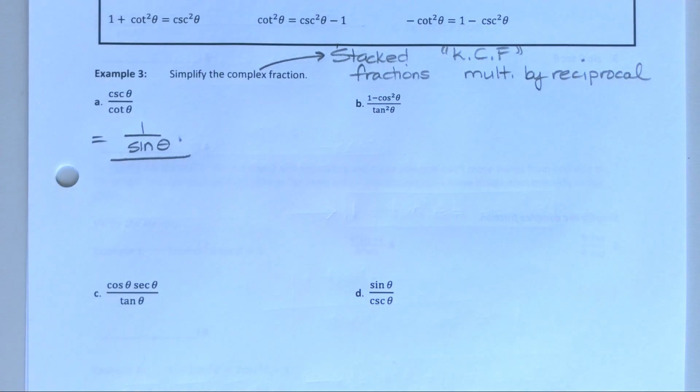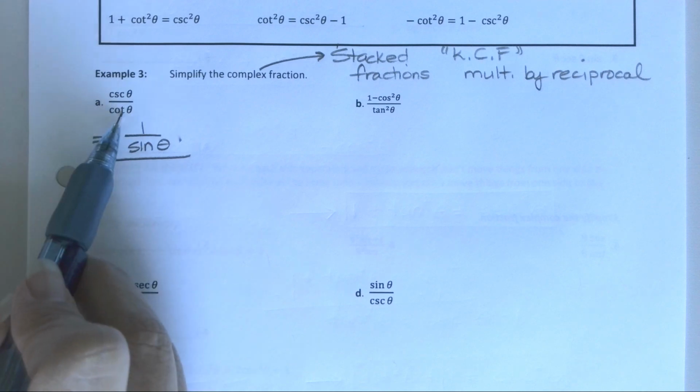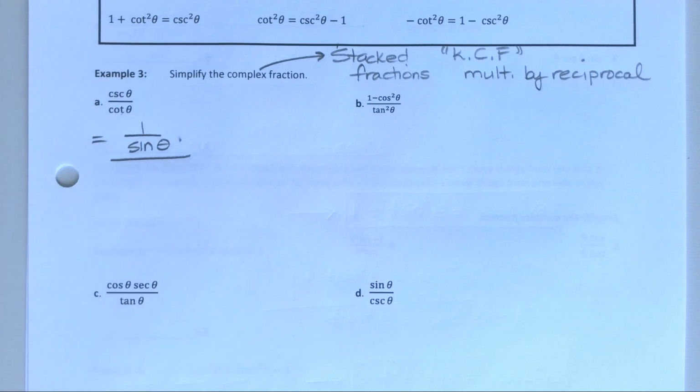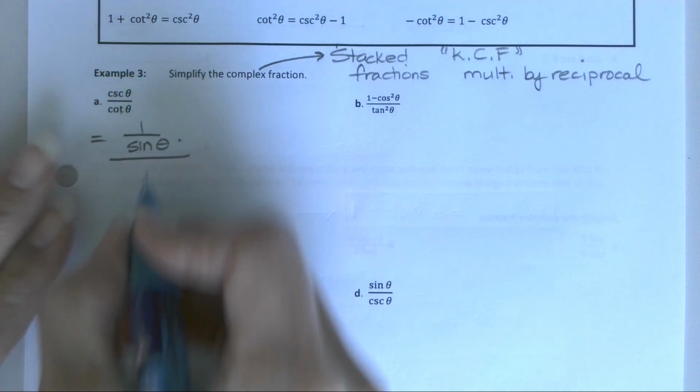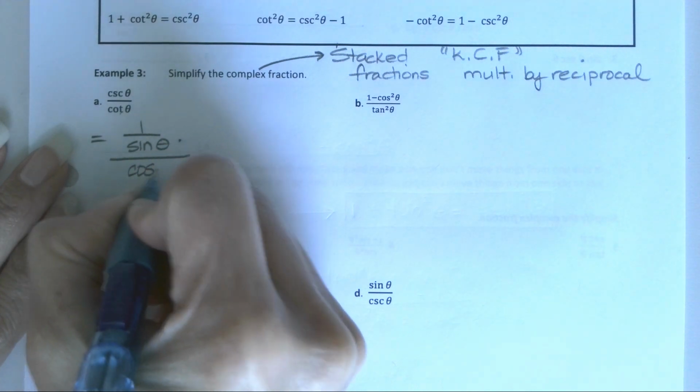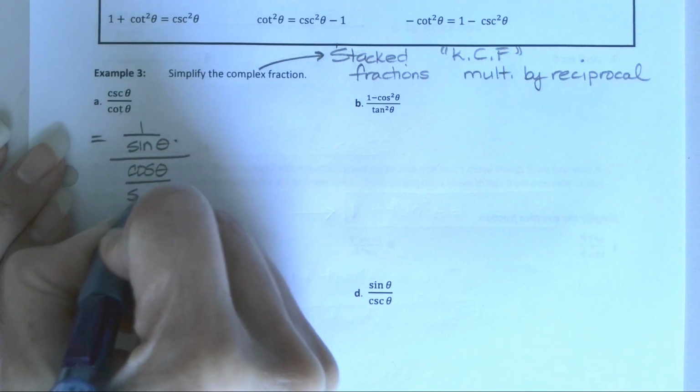And then, Shaylee, what about cotangent theta? It's cosine theta over sine theta. Good job. So cosine theta over sine theta.